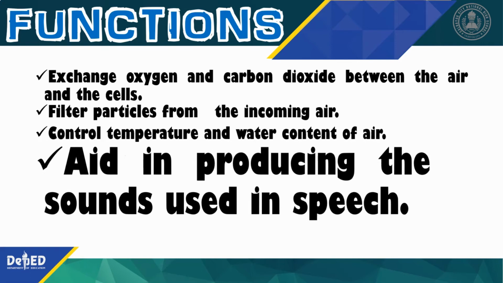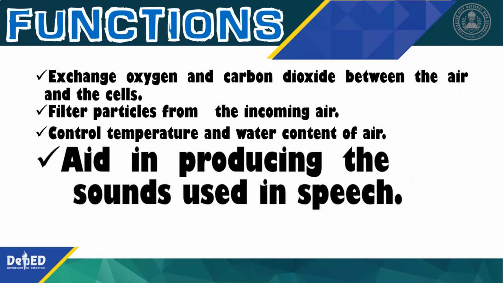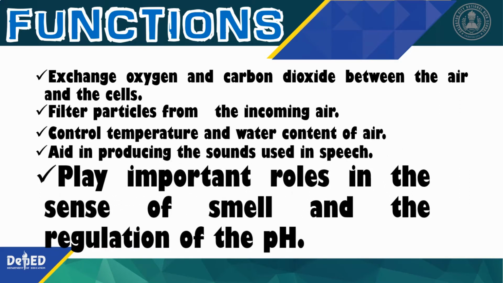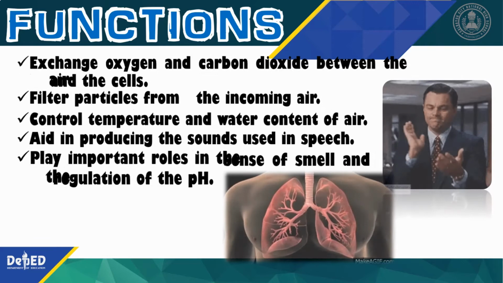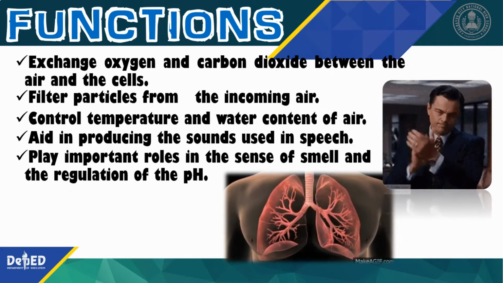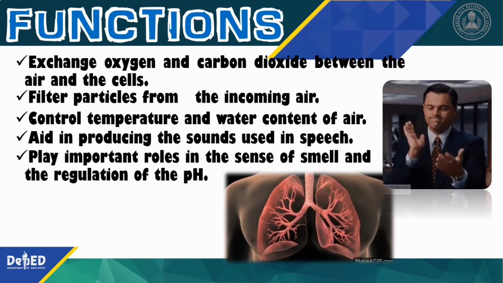Fourth, it aids in producing the sounds used in speech. Lastly, it plays important roles in the sense of smell and the regulation of the pH. For all those incredible functions of the respiratory organs in our body, that deserves a big hand.